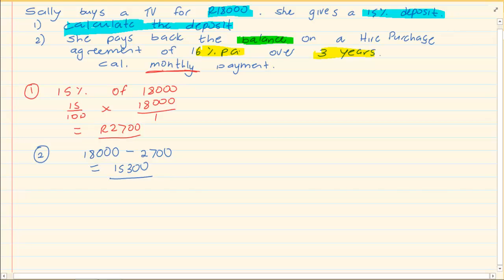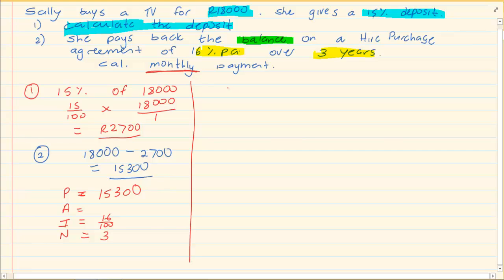So first we need to calculate how much she is going to pay back. So we start by writing down our PAIN. Now our P is 15,300 because your P is how much you are loaning, not how much the TV cost. Our i is 16% and our n is 3 years. Which formula are we going to use?